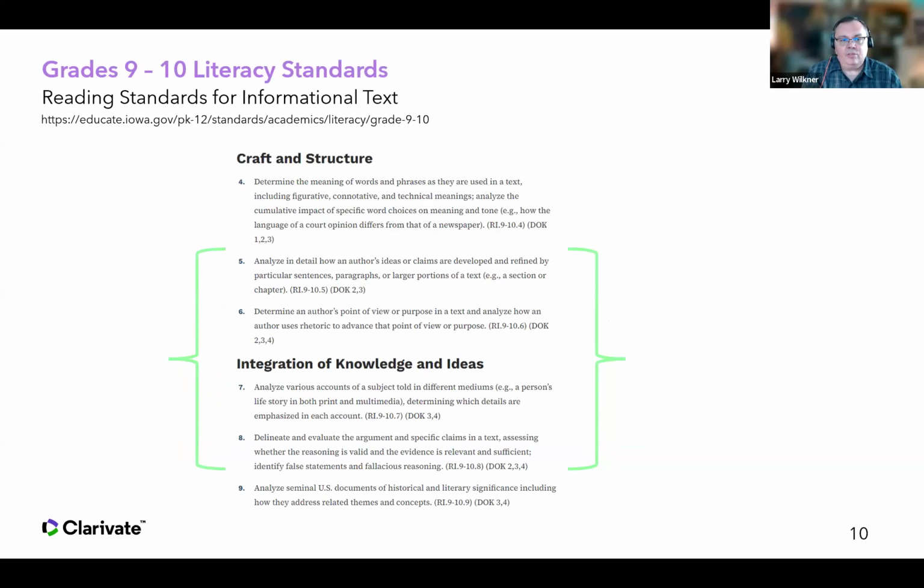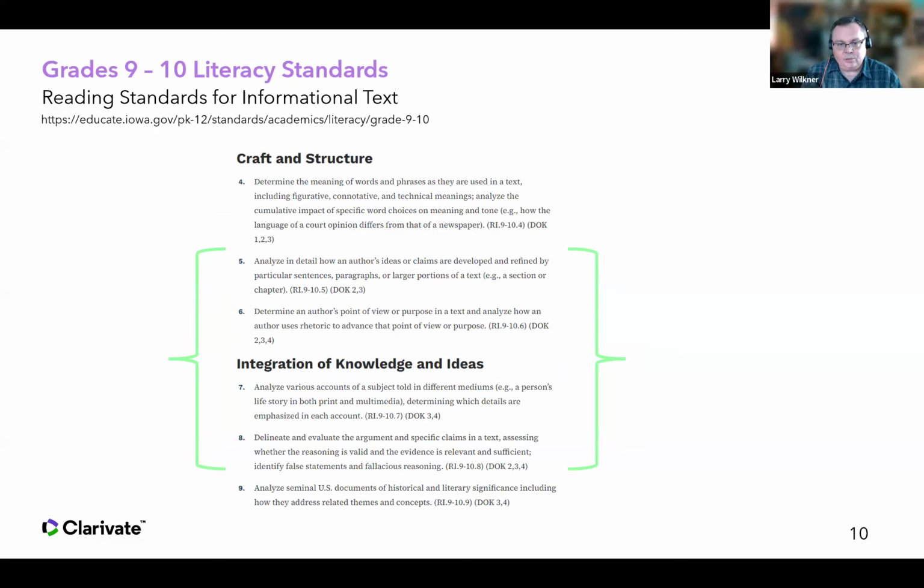The grades 9 through 10 literacy standards, the reading standards for informational text. Again, analyze in detail how an author's ideas and claims are developed and refined by particular sentences, paragraphs, or larger portions of text. Again, that research guide for the critical thinker can be helpful in addressing that. Determine the author's point of view or purpose in the text.